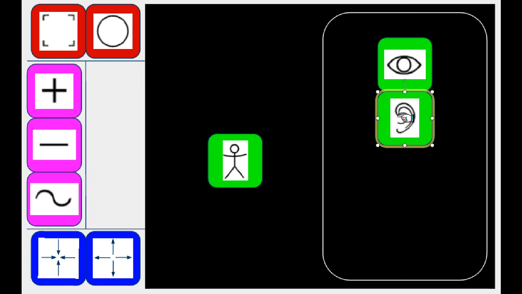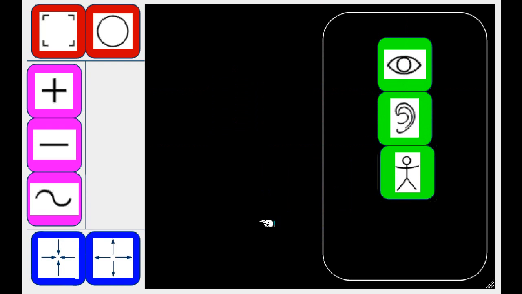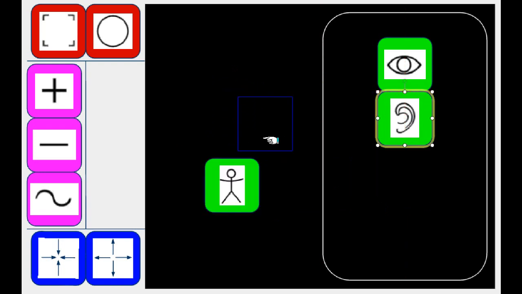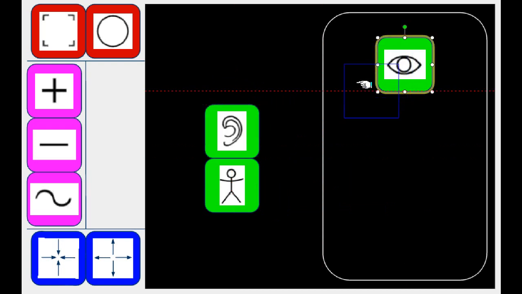This is called hear, and it refers to any auditory experience. And this is called feel, and it refers to any somatic experience. And now let's look at these one by one.